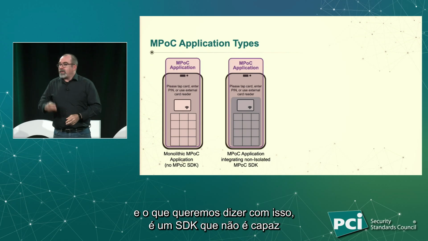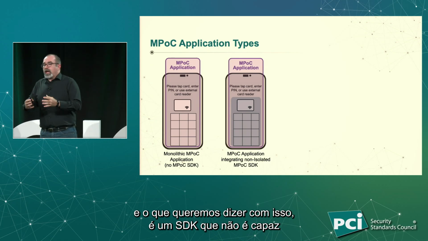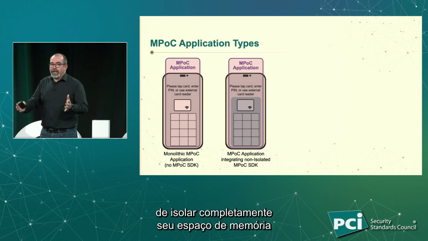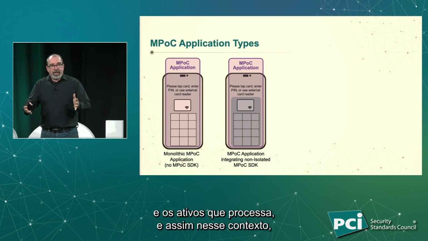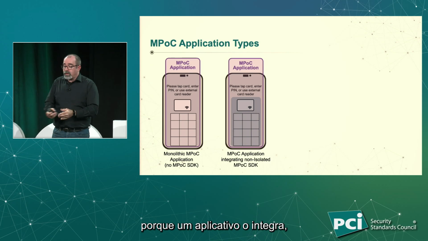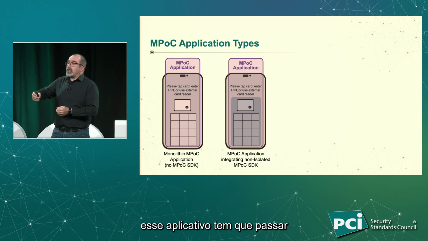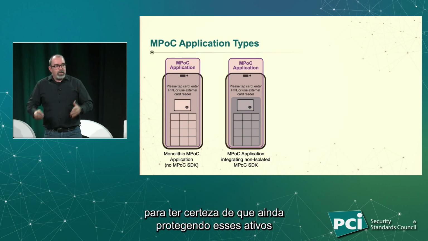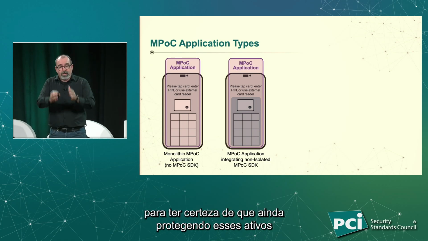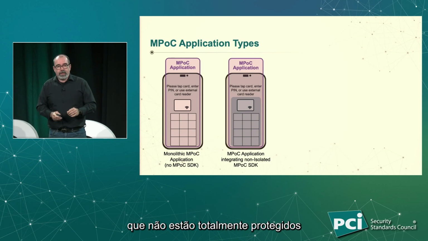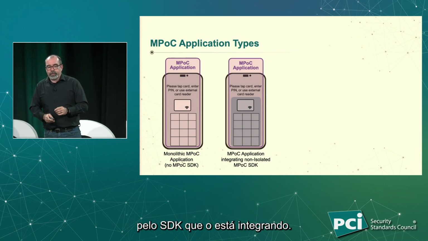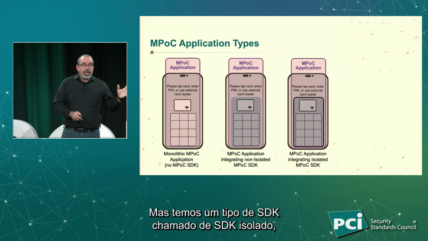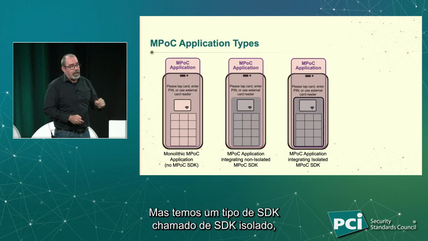What we mean by that is an SDK that is not able to completely isolate its memory space and the assets that it processes. In that context, because an application integrates it, that application has to go through additional testing to be validated to make sure it's still protecting those assets which are not completely protected by the SDK. But we have an SDK type called an isolated SDK.